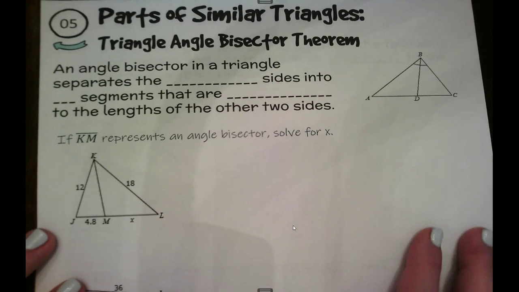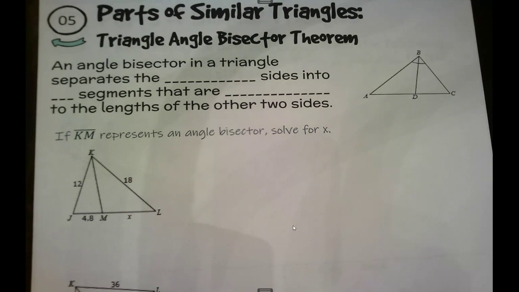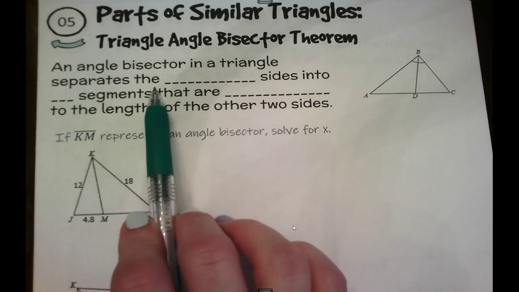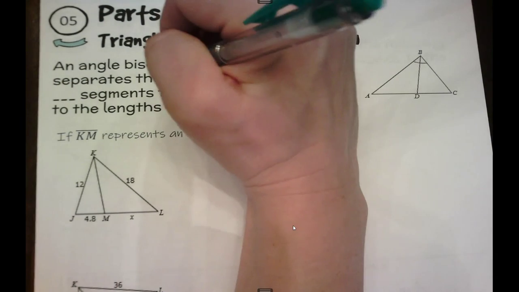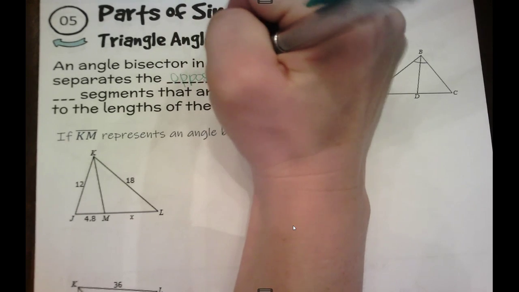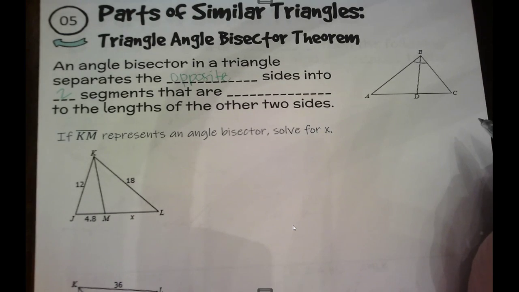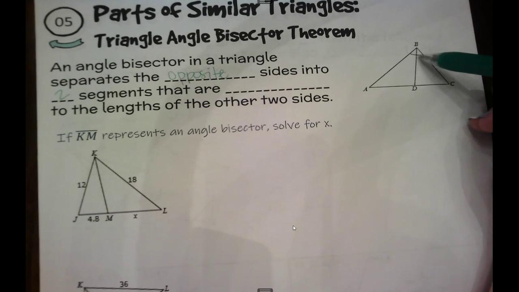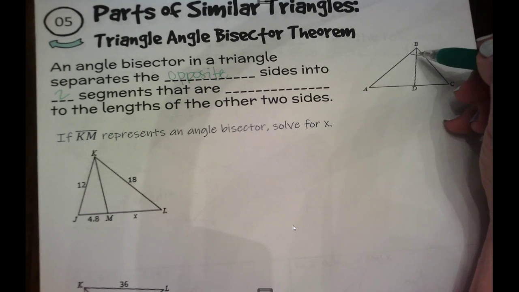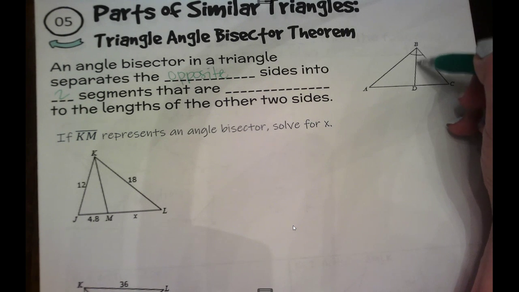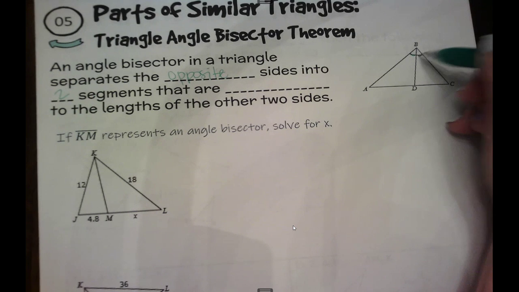Angle bisector theorem. If an angle bisector in a triangle separates the opposite sides into two segments, we've got an angle bisector because it cuts the big B angle right in half where these two angles are congruent.